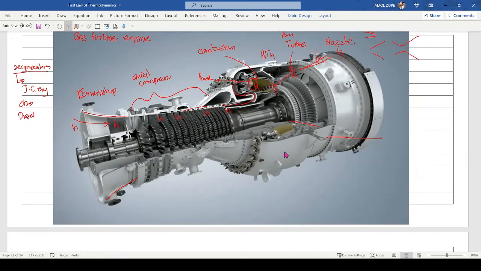Okay, so we have completed here our discussions about the steady flow energy equation, or the application of the first law of thermodynamics to the various devices. So whenever you happen to see a very large device, divide it into a number of parts like this. So for each part, use the steady flow energy equation.